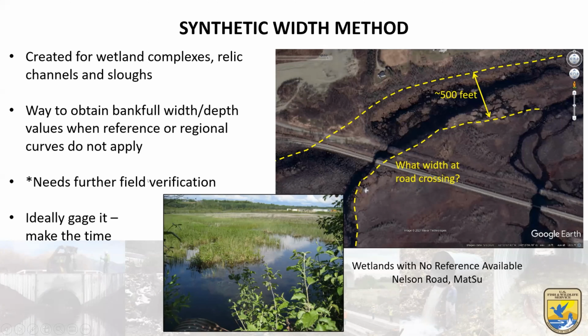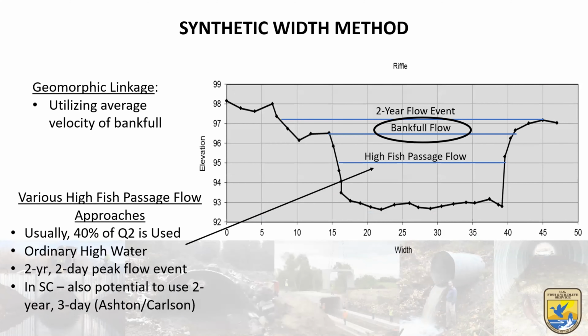I will say that this method does need further verification, as we're going to get into. But another thing here is a plug for gauging. Even if you gauge only a couple years, you should be able to get a better idea of what bankfull flows are in these environments over and above what the statistical USGS equations would tell you. And again, we're talking about bankfull flow.